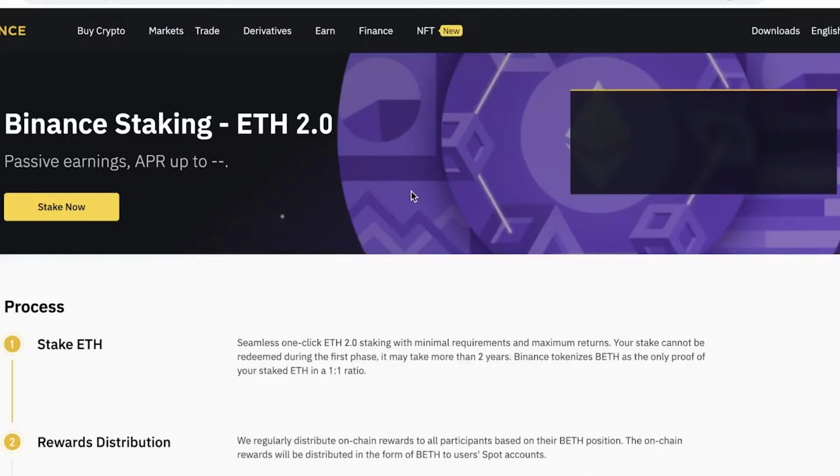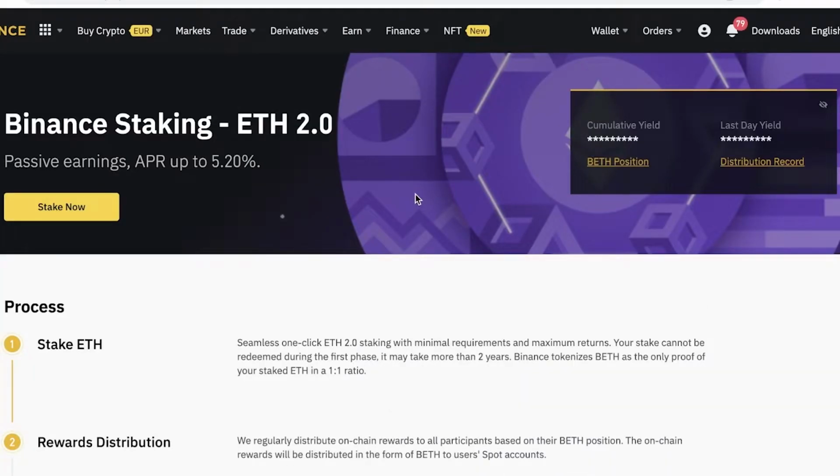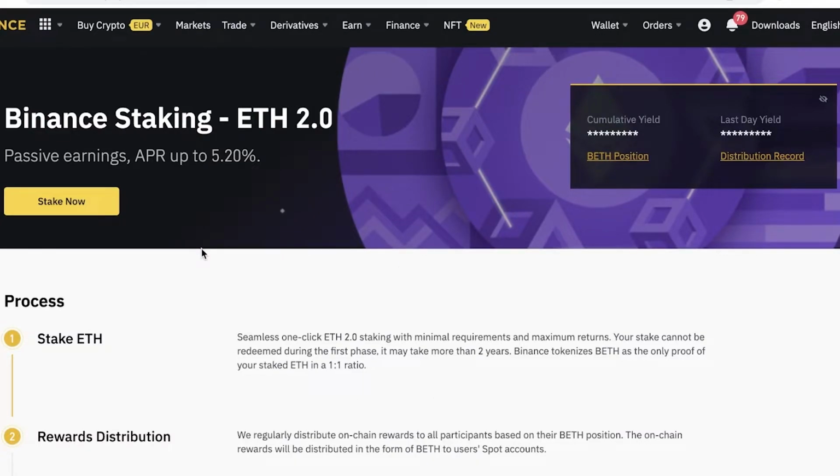This is on Binance, and Ethereum is currently upgrading their network. As soon as the upgrade is completed, this will just show up in the staking section. But you can see over here, this is Binance staking ETH 2.0, where the APR is up to 5.20%.